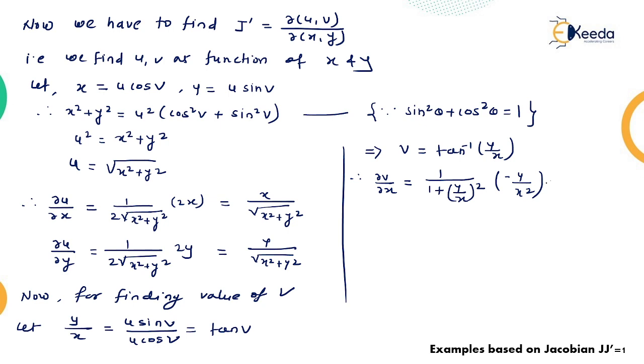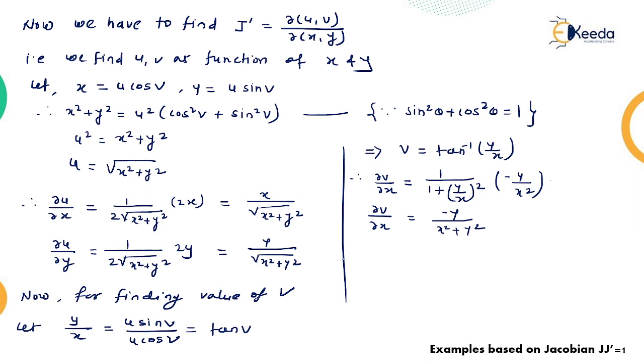After taking the LCM of the denominator and simplifying, the value of dou v by dou x is minus y upon x square plus y square.